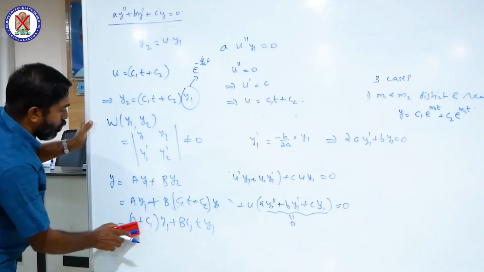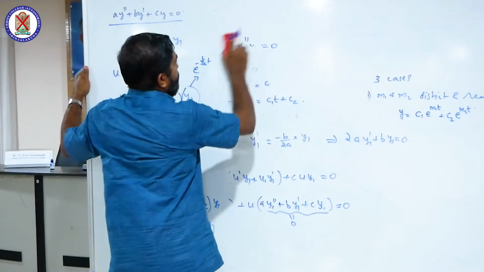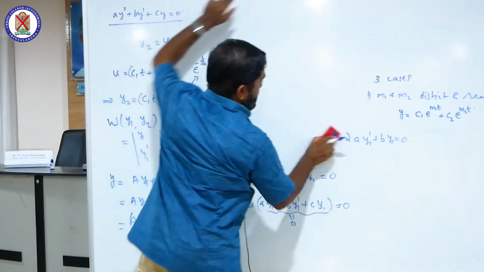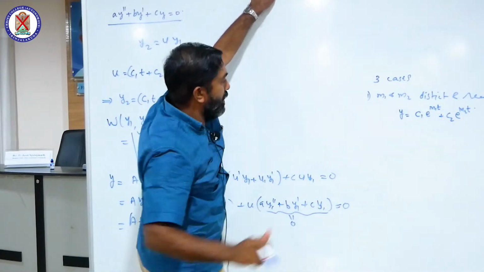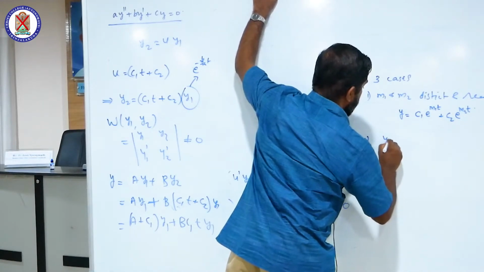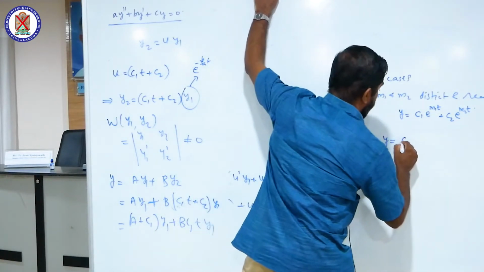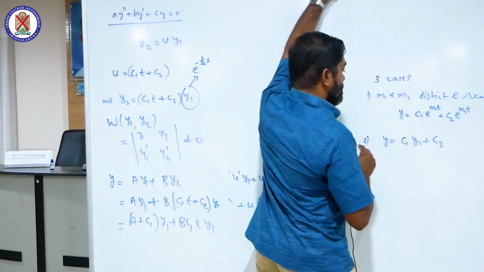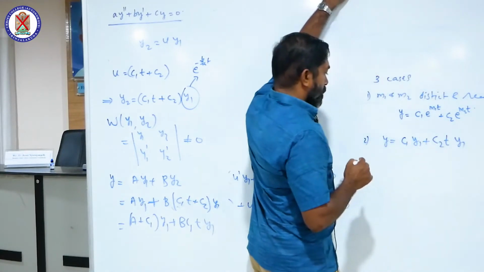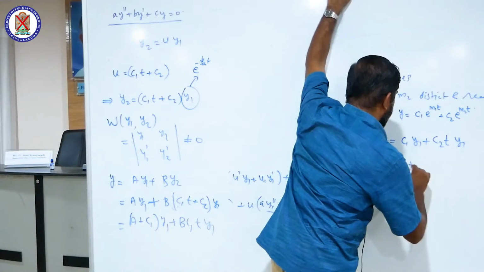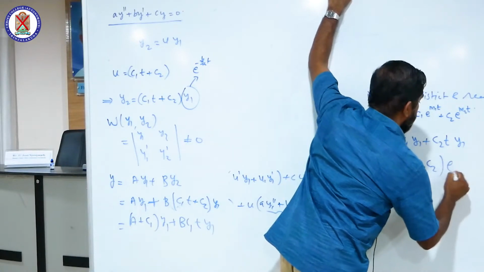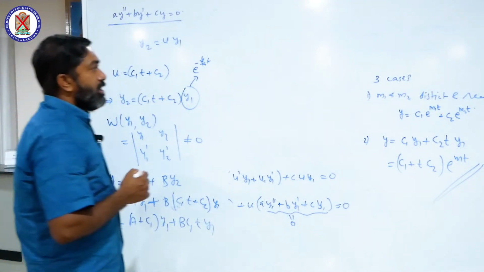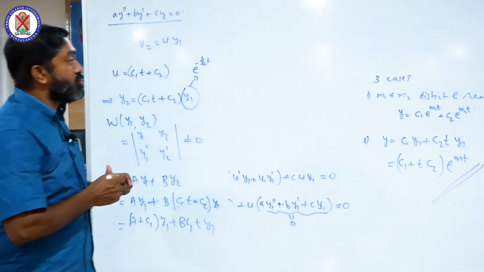Simply we can consider these as constants. So in the second case y equals some constant c1 into y1 plus another constant c2 into t into y1. That is, c1 plus t c2 into e raised to mt. It is the general solution if we have equal roots for the auxiliary equation.